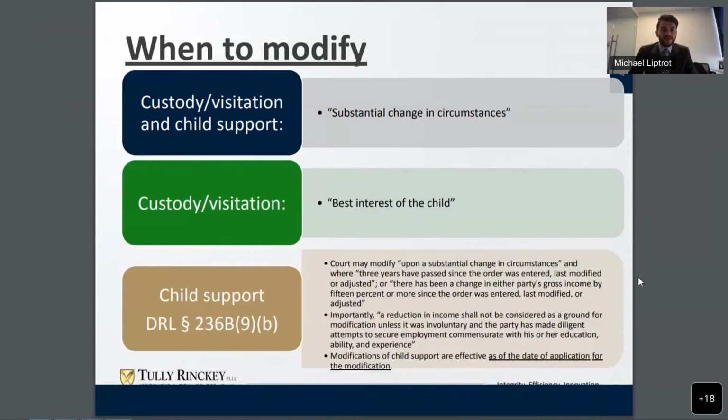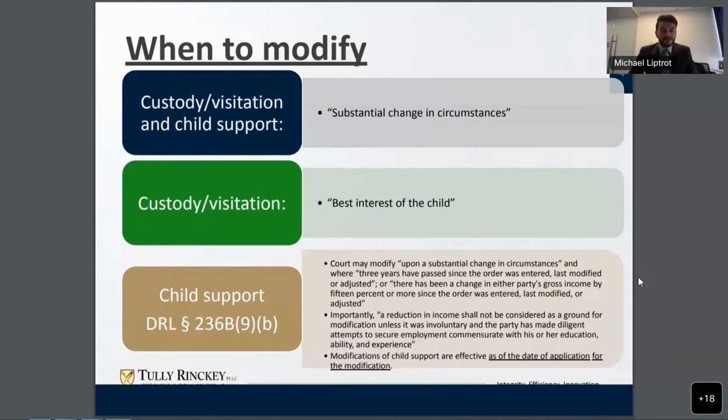And when should you modify it? When is the court really going to grant a modification petition, or what are you going to allege? When is it time? In cases of custody, visitation, and child support, it's this standard of a substantial change in circumstances, and the substantial change in circumstances is from the date of that original order.